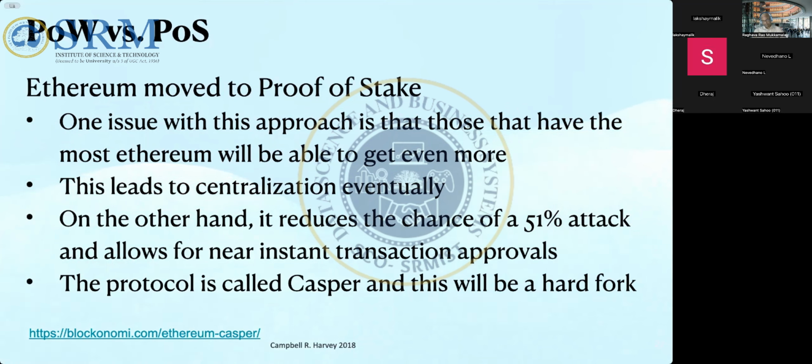That is also called the goldfish attack, which is the 51% attack. But now we have proof of stake. That means we have some kind of guarantee in the escrow account, and we know who is doing what. It will eliminate the chance of a 51% attack.